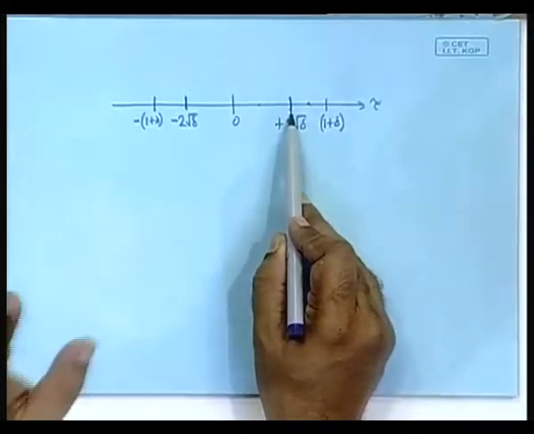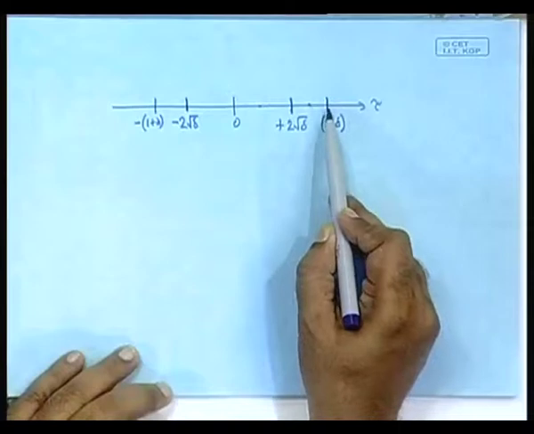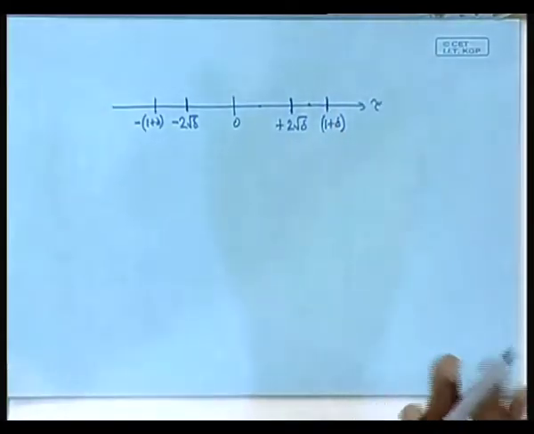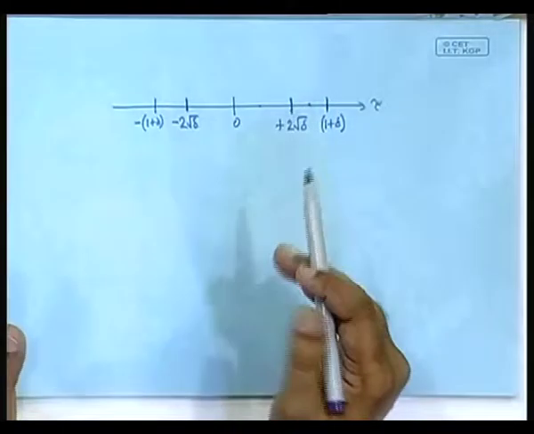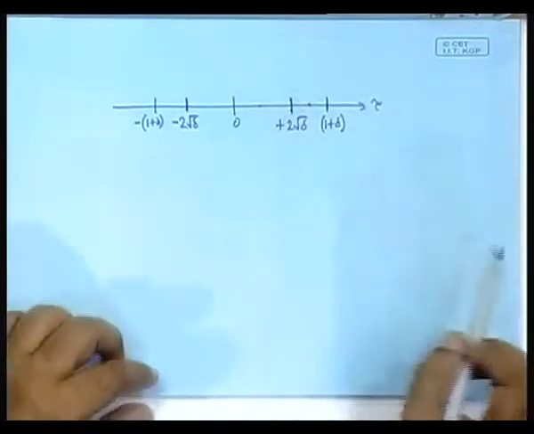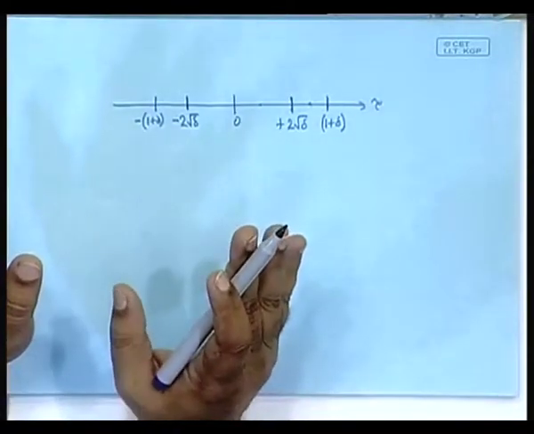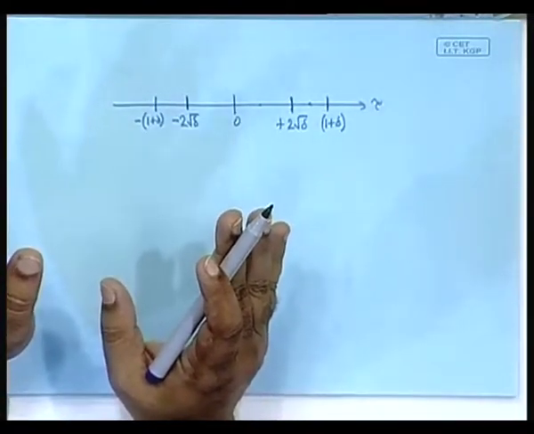That means it is no longer spiral, but so long as it is below 1 plus delta, it is stable. So, what is the character in this range? What are the eigenvalues? The eigenvalues would be in this case real, but less than unity. Real and less than unity means regular attractor.